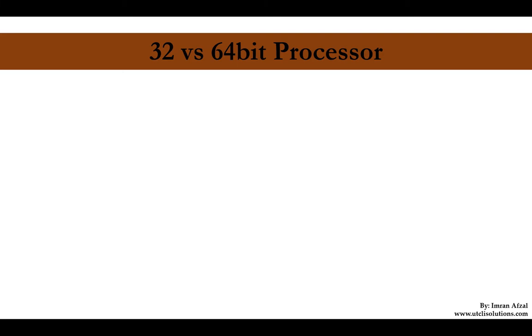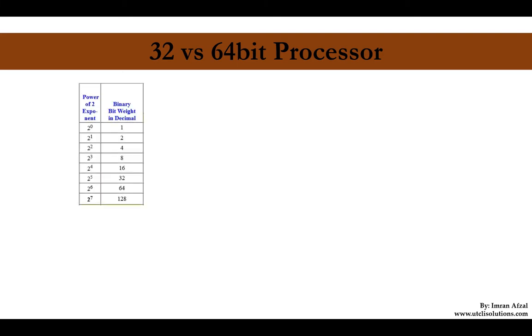Okay, moving on to the next slide, we will look at the chart, which shows the values for our exponents. So 2 to the 0 equals 1, 2 to the 1 equals 2, 2 to the 2 equals 4, and this is the basic mathematics that we learned when we were kids. That's what we call an exponent value.